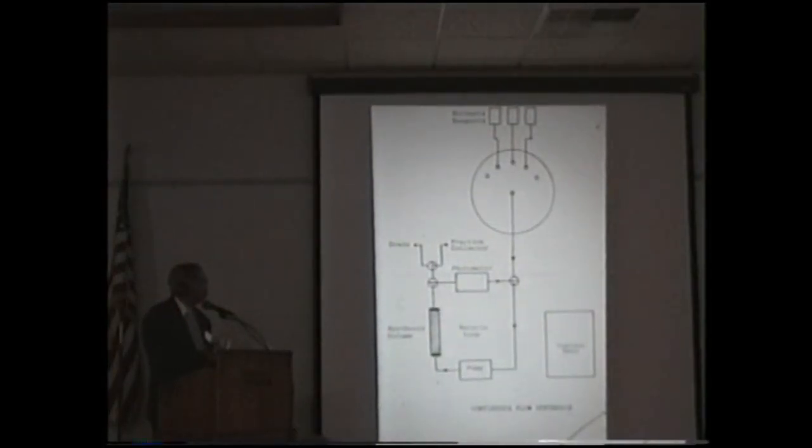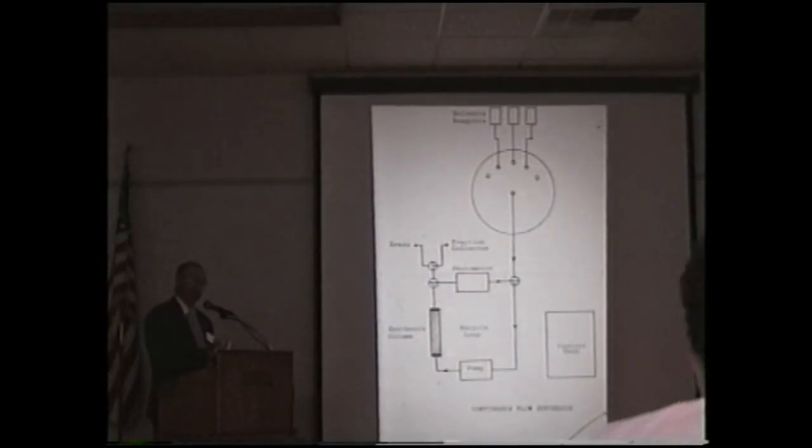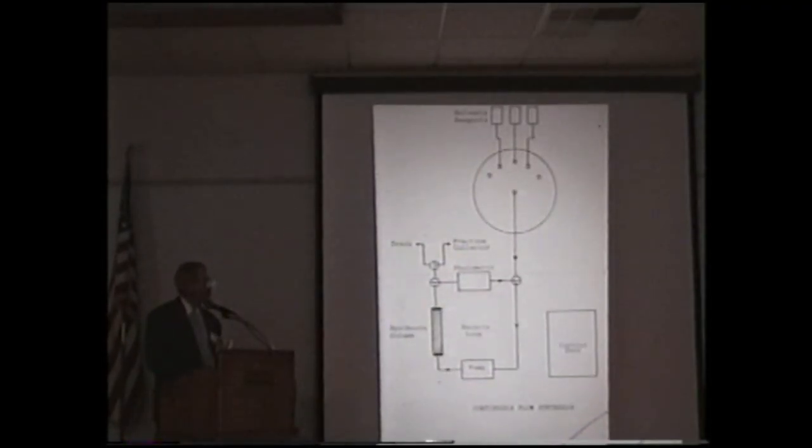This is just another kind of synthesizer where instead of a batch process, it's a continuous flow. So you put the resin in a column, and then you pump reagents through here and carry out the reaction that way. So this is a flow system, whereas our other one was a batch system.